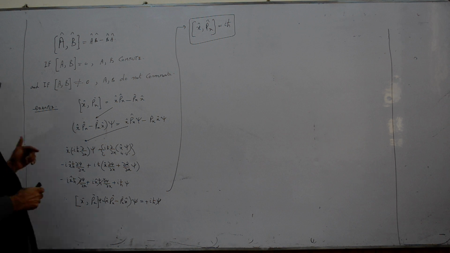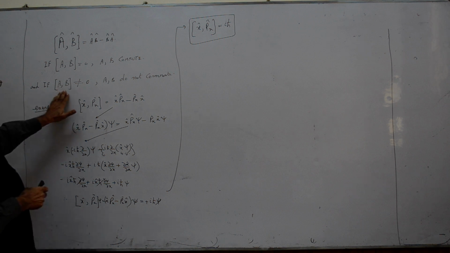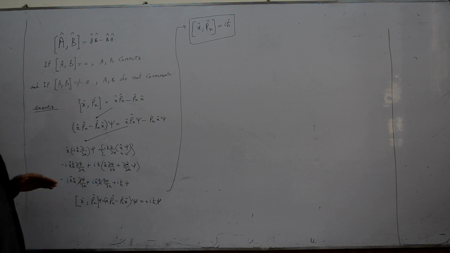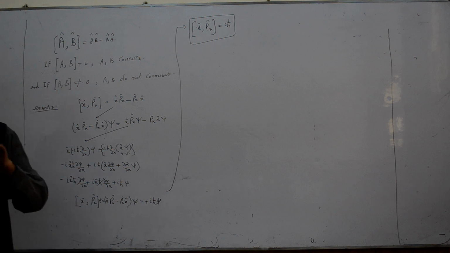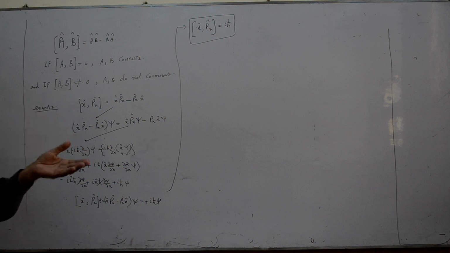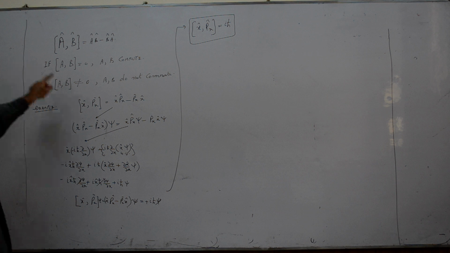On the other hand, sometimes operators do not commute, that is the commutator of A and B is not equal to 0. In that case, it means that A and B are such quantities that they cannot be measured with the same level of accuracy simultaneously, and they will show uncertainty product.